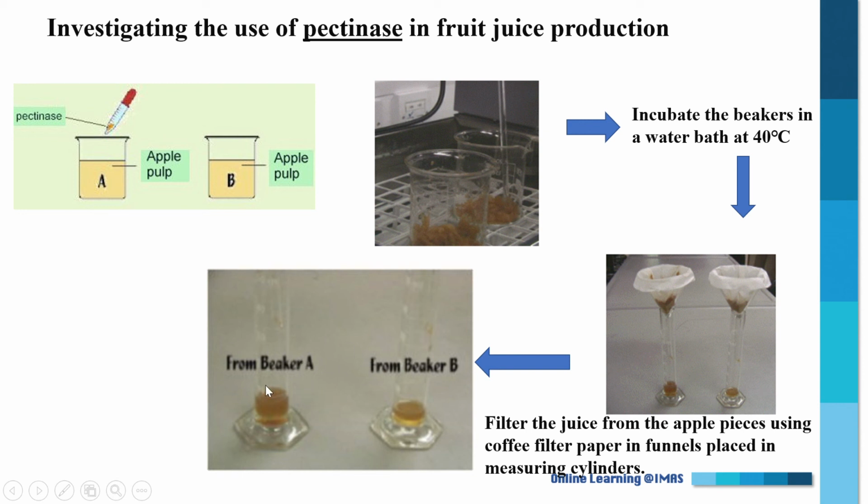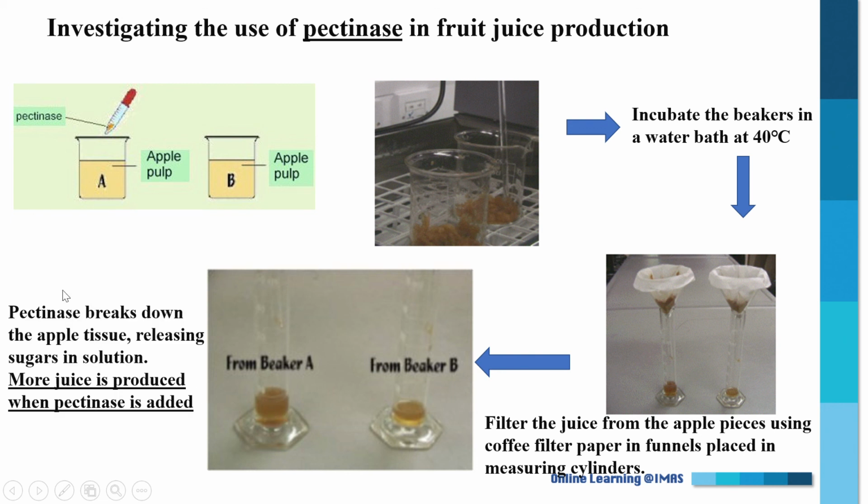From the same amount of pulp, you get more juice in beaker A than in beaker B. In beaker B you get very little juice and it is cloudy, but in beaker A you have more juice and it is transparent. Why? Because the pectinase you added breaks down the apple tissues, releasing sugars in solution. So more juice is produced when pectinase is added. If you are planning to have a juice factory, you better use pectinase.